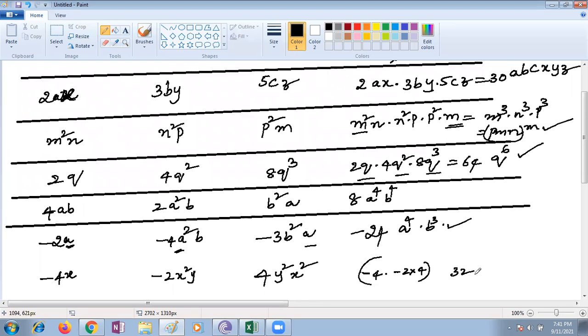Then x square coefficients, x cube? All three terms you should multiply. It's not two. It's a product of three monomials we are doing right now. Ayush, any difficulty you are facing here? Please let me know. Ayush, I'll help you.